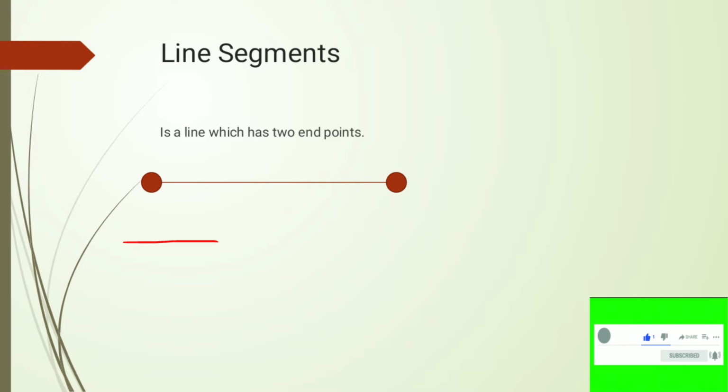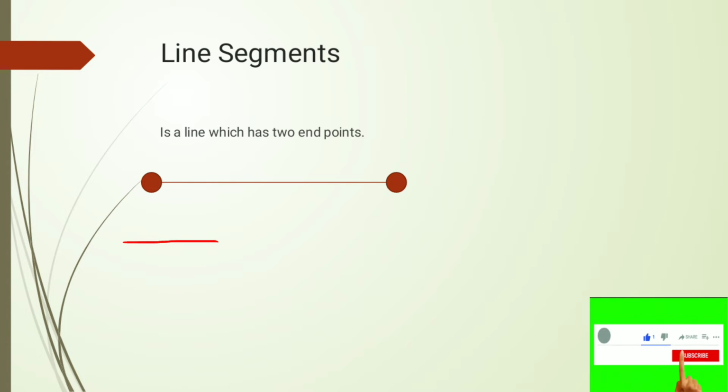We also have to name it. Line segments also have names. And one more thing about names: we should always name a line segment or any shape in capital letters. Means we are not going to write names like, suppose, Priya and all that. Not like that.